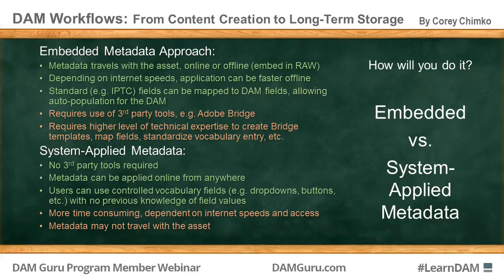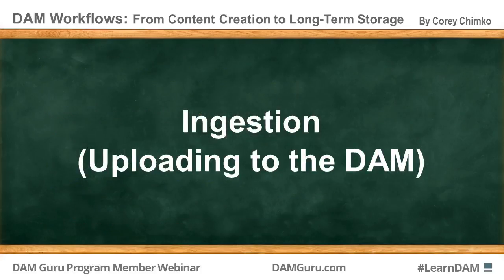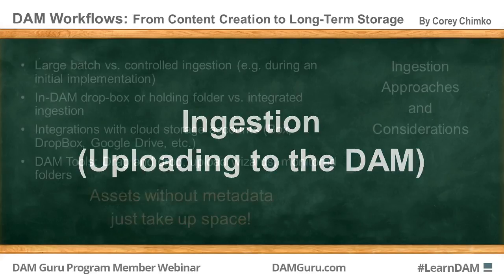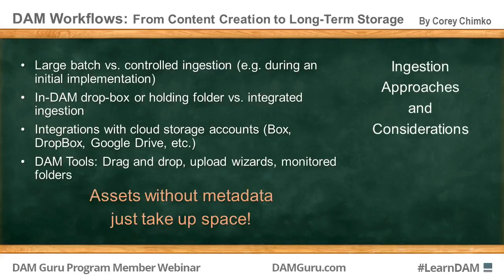So let's move on a little bit here. We're going to get to the ingestion, uploading your images or your assets into the DAM. Now, we talked a little bit about applying metadata within the DAM, but we're going to assume for now that you've done your embedding offline and you're going to now ingest your images into the DAM. There are a number of approaches and considerations, again, when you're doing this.